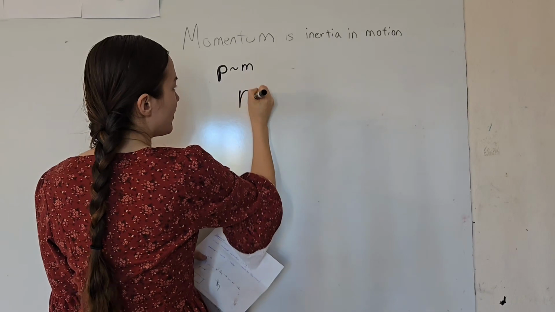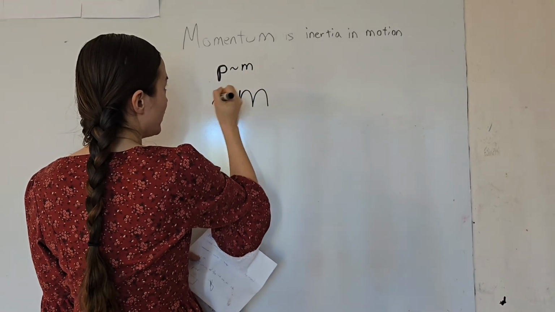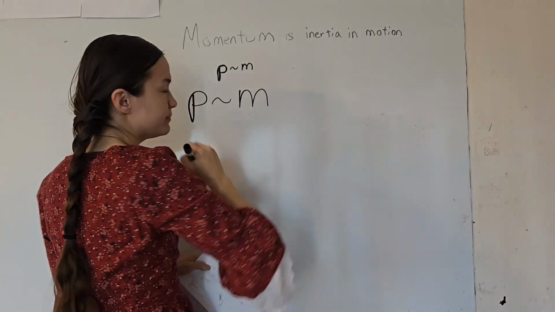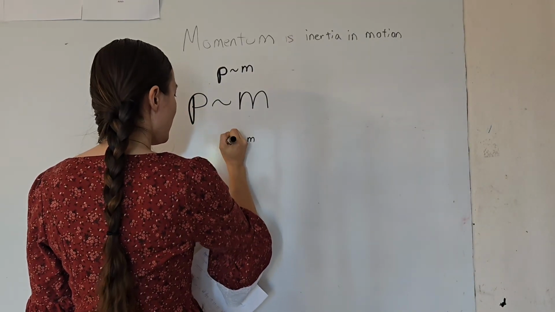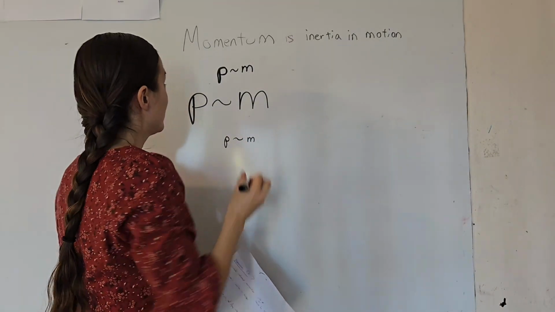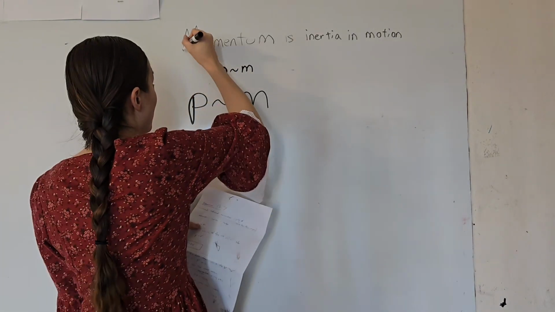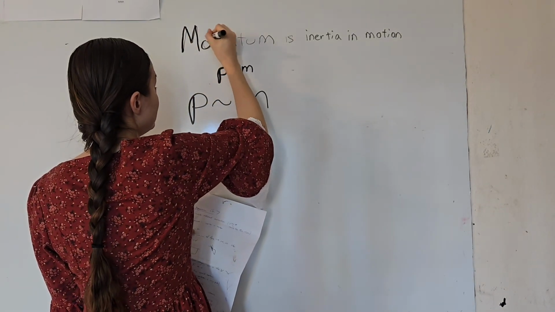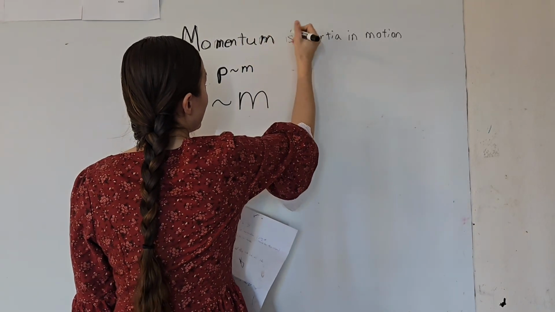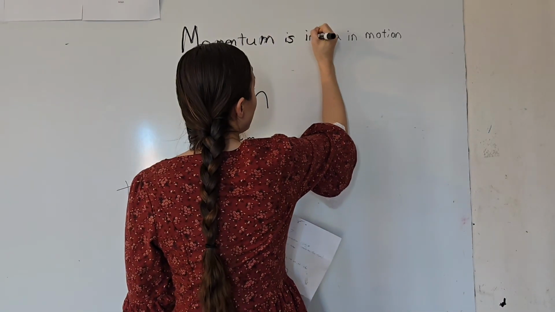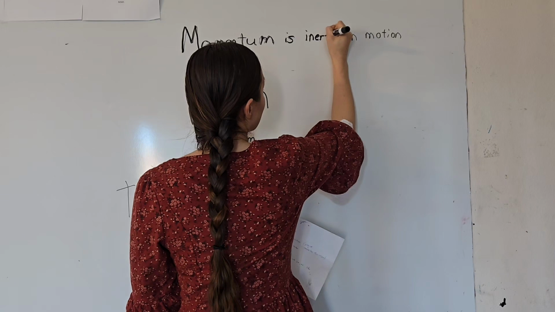That means the bigger the mass, the bigger the momentum. The smaller the mass, like that fluffy pillow, the smaller the momentum. Because remember, momentum is inertia in motion.